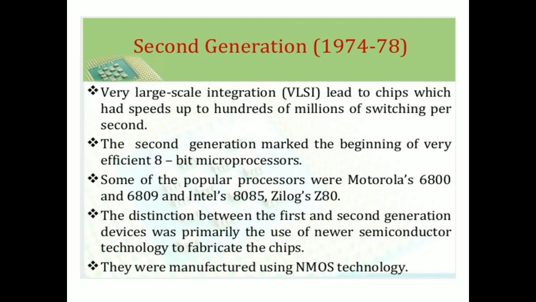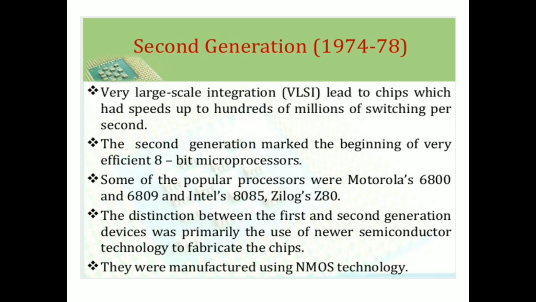So in the second generation, as technology evolved, the number of circuits that could be fabricated on a chip grew. Very large scale integration led to chips that had speeds up to hundreds of millions of switchings per second.